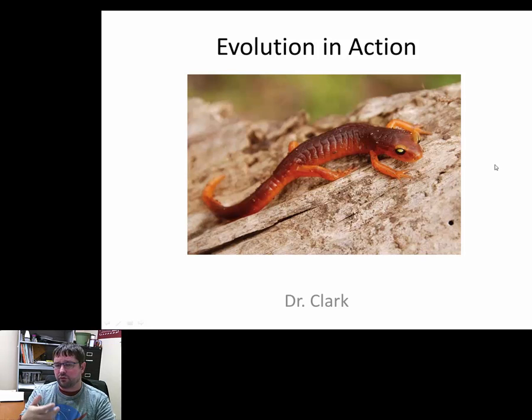We can show evolution very quickly in bacteria and some other organisms because they reproduce so fast, but the difficulty comes in organisms that reproduce slowly, because there's not enough potential change in the population's genes over time to really document evolution in action for a lot of those individuals.